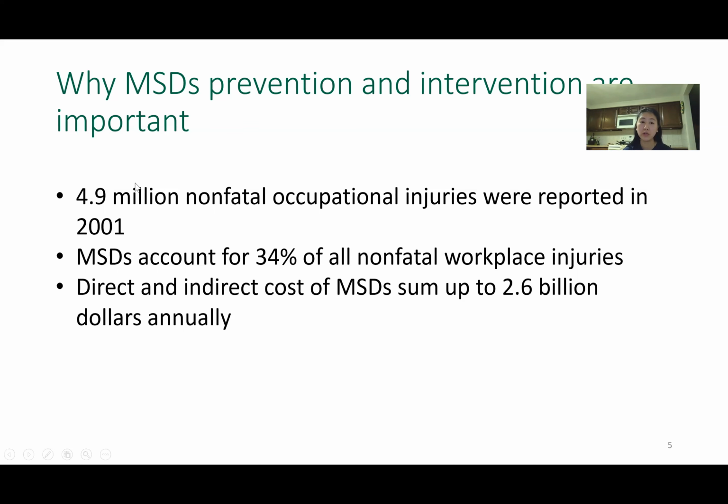Those are 4.9 million non-fatal occupational injuries associated with musculoskeletal disorders. As a whole, musculoskeletal disorders account for about 1/3 of all non-fatal workplace injuries. The direct and indirect costs of MSD sum up to billions of dollars annually.